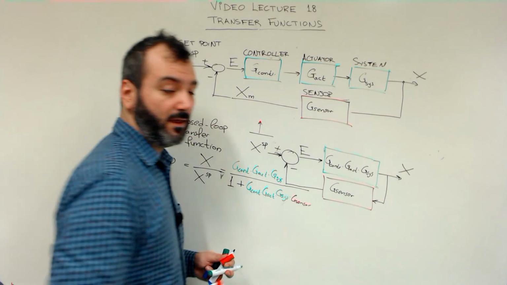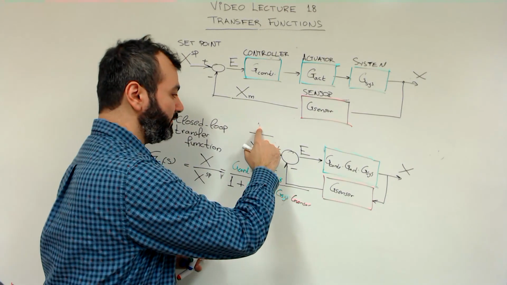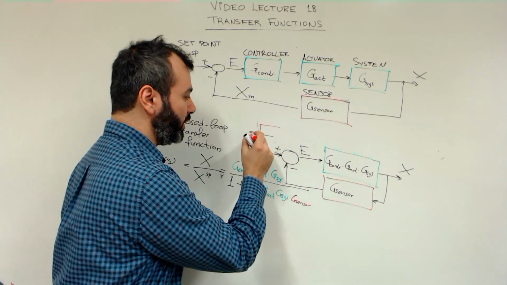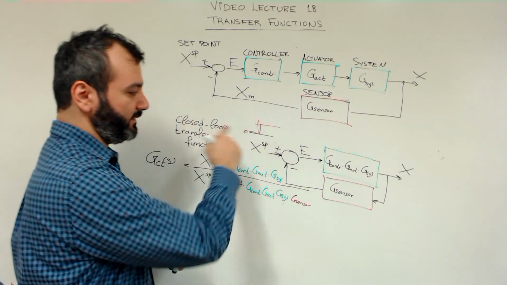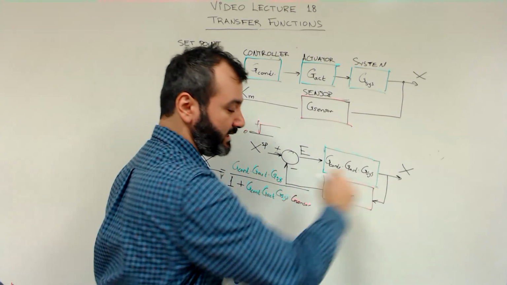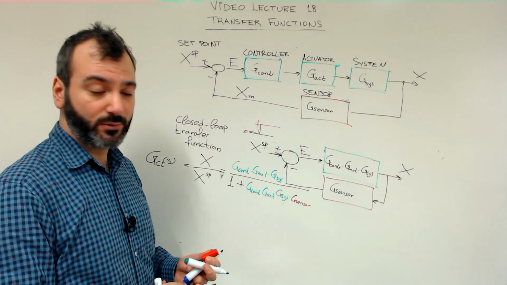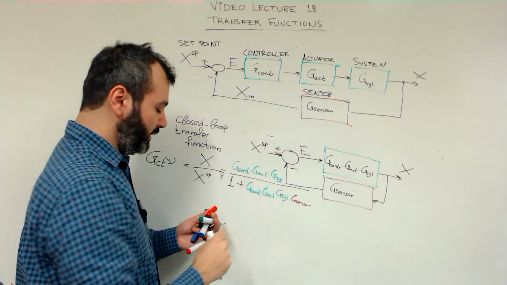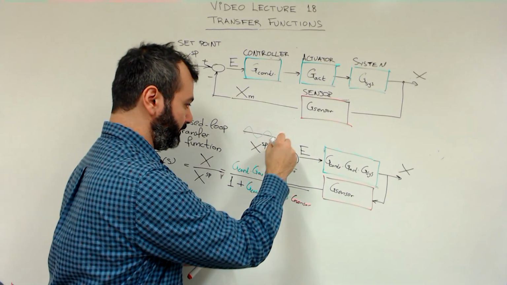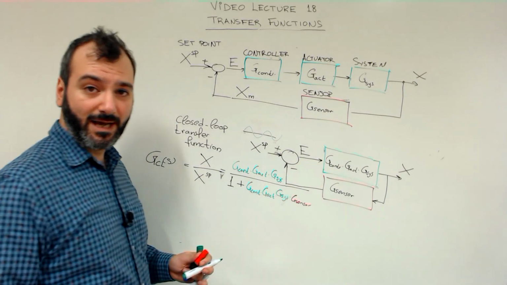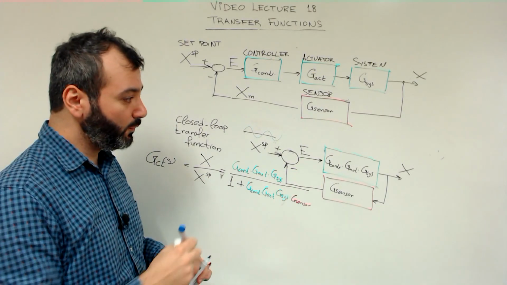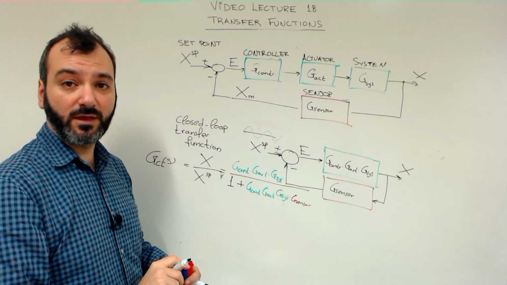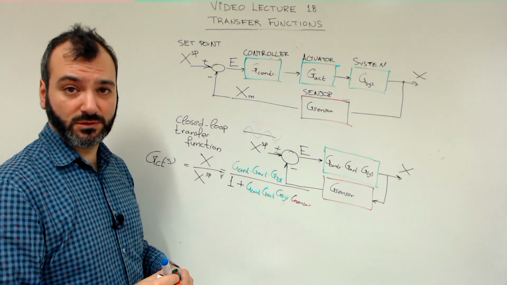What will be the output? What happens if you have a step change, from 0 you go to 1? If this is the Heaviside function, what is the output? This is the step response. And another interesting response will be if you have a sine function as input, what is the output function? What is the response of the system? And this is called the frequency response of the system.